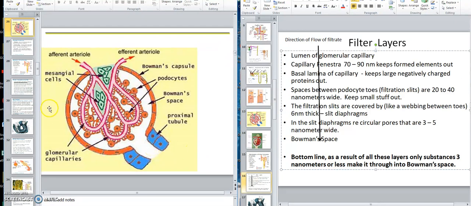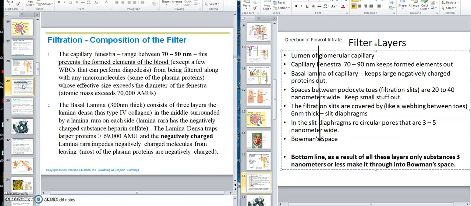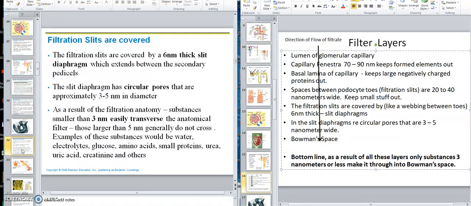Now you say, what's 3 nanometers or less? That would primarily be water, electrolytes, glucose, amino acids, small proteins, urea, uric acid, creatinine, and others. So that's what should go completely through all the layers of the filter.